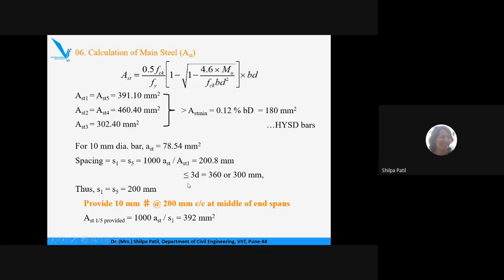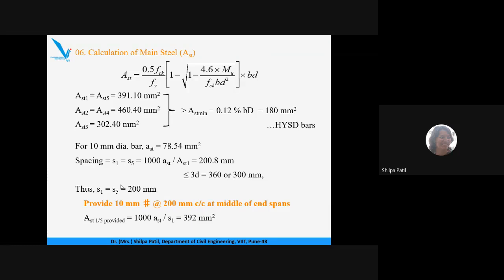This is compared with the minimum value 3D or 300 mm. Now this value is lesser than 360 and 300 mm. So this value 200 mm is provided over here. So for slab S1 and S4, now if you refer the diagram again, S2, S3, S4, these three slabs, the slabs we are designing.